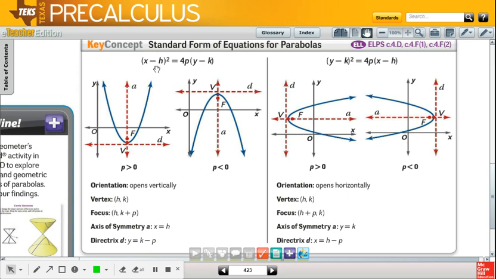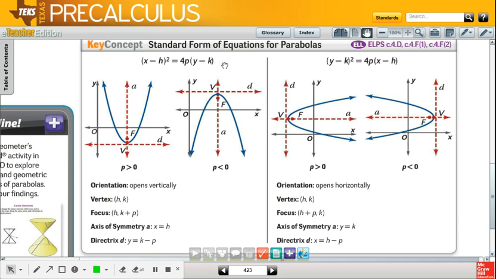Now, bear in mind, even though it says x minus h and y minus k, you'll always use the opposite sign for h and k. So if it's minus h and minus k, it will be a positive h, positive k. Had it been x plus h and y plus k, then it would have been negative h and negative k, which I highly recommend to have in your notes.